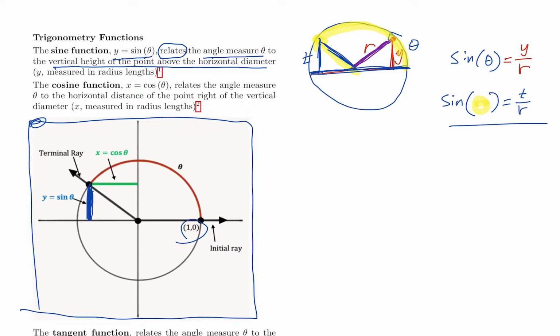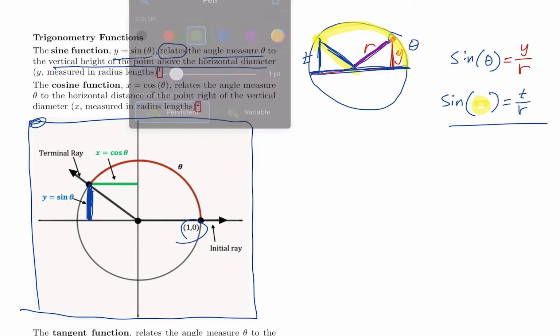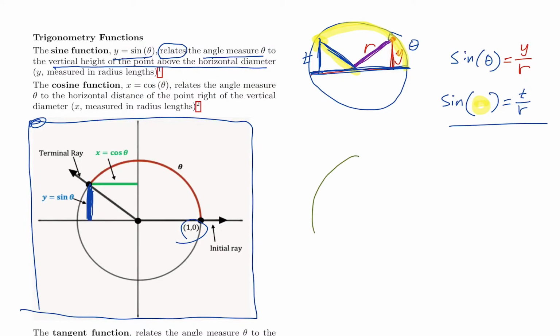So that's sine. Similarly, we can think as we have a circle for any angle. And let's say I want to find cosine of this angle right here, for example. This is the theta angle. So then cosine of this angle measures horizontal distance from vertical diameter. So now we have a vertical diameter. Here's a vertical diameter.